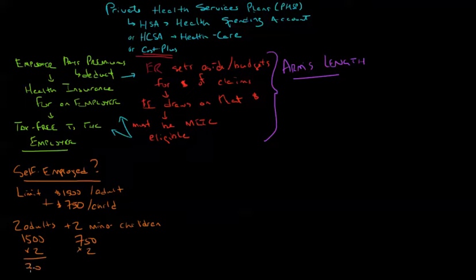So we would have $3,000 for the adults plus another $1,500 for the children. So in total, this self-employed person could have up to $4,500 of costs associated with a health spending account or a cost plus arrangement, and it could be for any of that group of people. Now, this gets a little bit more complicated when we are incorporated.